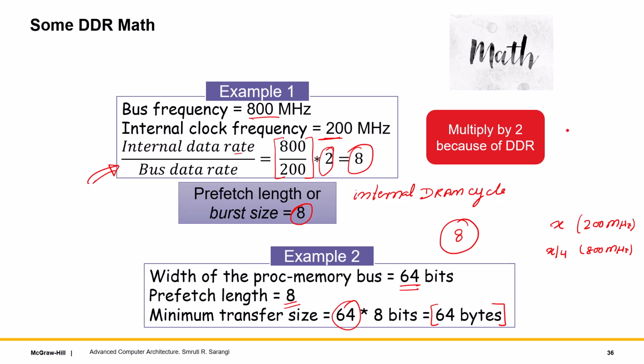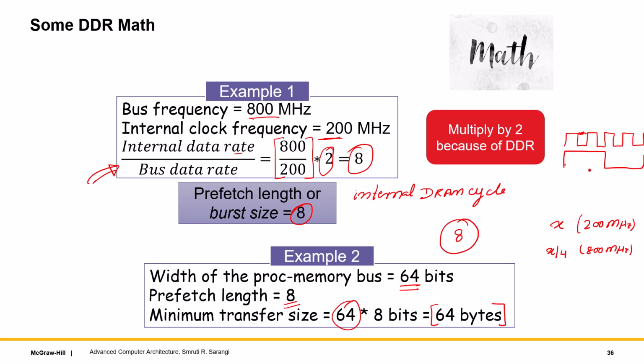And as far as I am concerned, in every internal DRAM cycle, you are actually going to have 4 bus clock cycles. Maybe I can draw them here. This is the first clock cycle, this is the second, this is the third, this is the fourth.